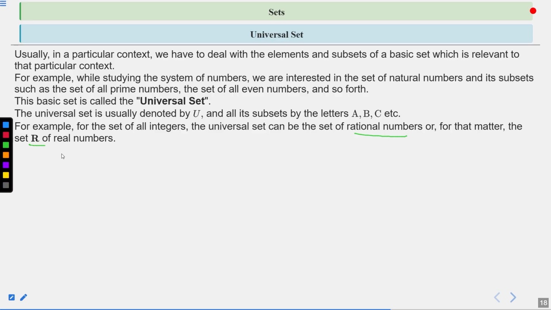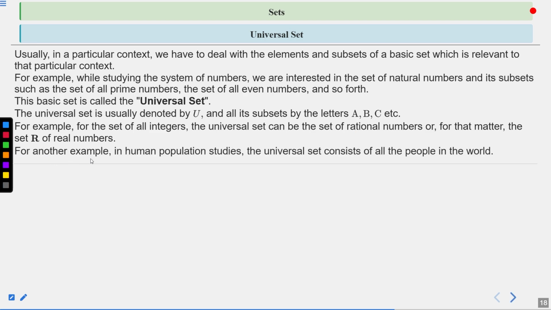In questions, generally the universal set is given to you. Otherwise, students can take a different universal set and the answer will vary.